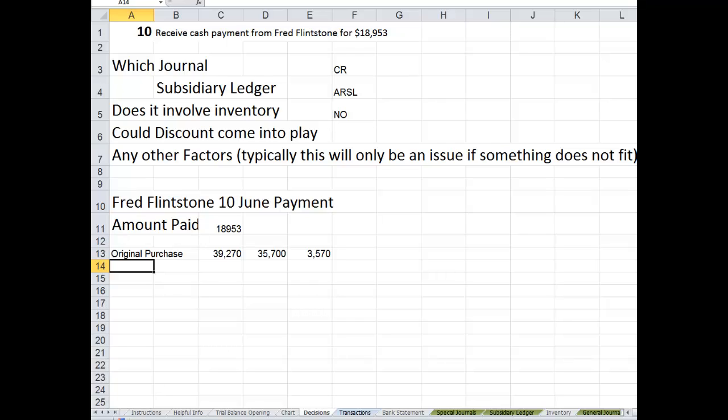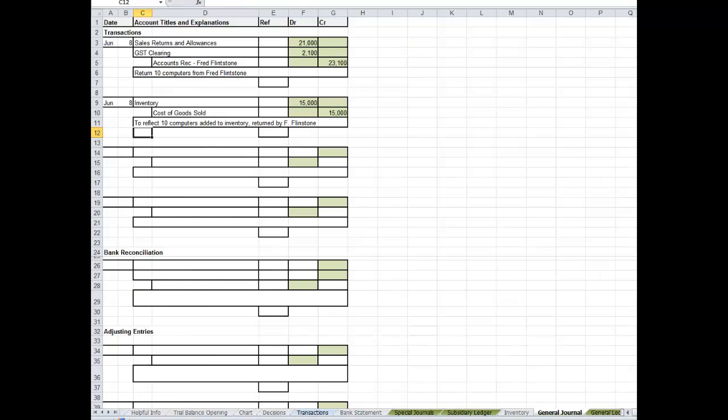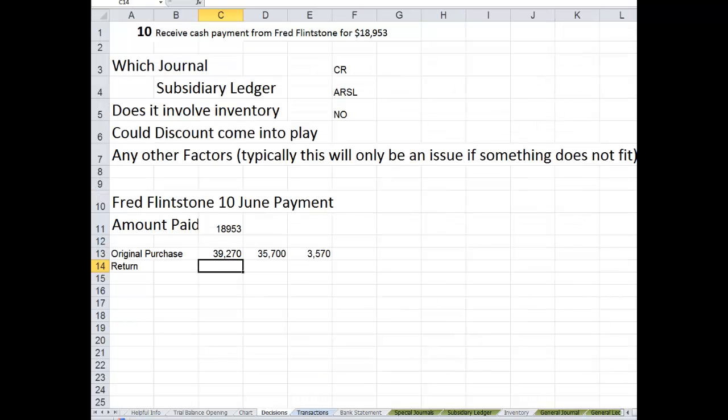Then something else happened. There was a return. Now, where do we have that information? We have that information in the general journal, is where we recorded that. We've done that transaction, and you can see Fred Flintstone had a return of $23,100. So let's go a return of, I'll just write the 23,100 in, and it had two components.